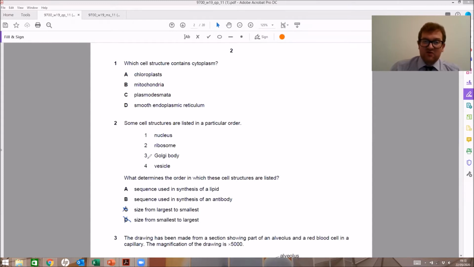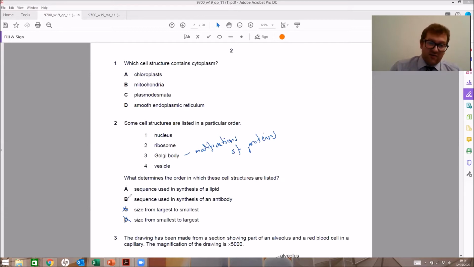So let's look at what structure number 3 is. Remember, the Golgi apparatus is used in the modification of proteins. If we look at our two options here, synthesizing of a lipid or synthesizing of an antibody, an antibody is a protein.